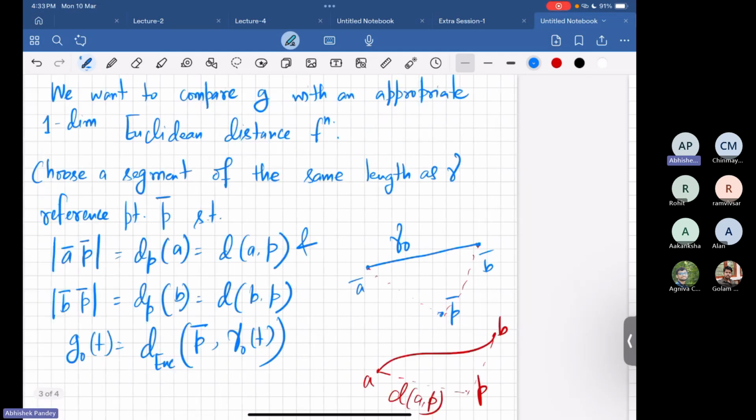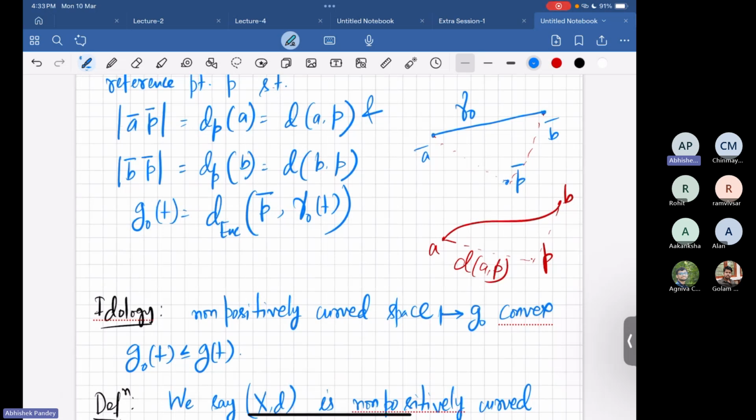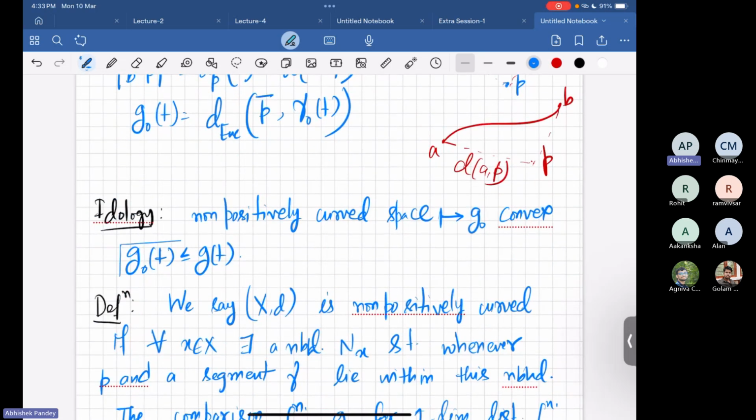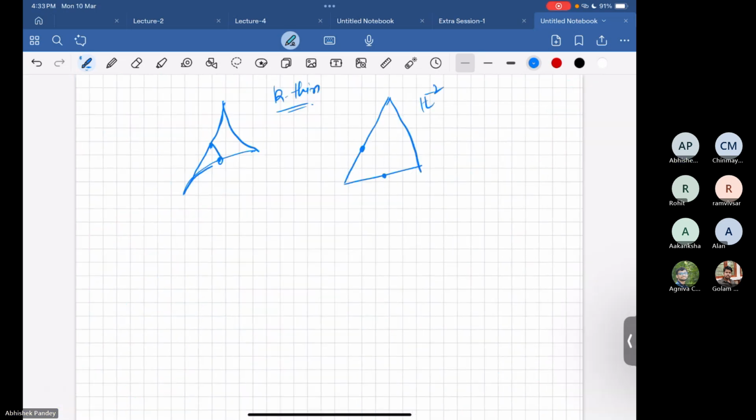Taking this definition into the picture, I will define when we say that the triangles are k-thin. Basically, the distance between any 2 points u and v will be less than or equal to the distance between the corresponding points u dash and v dash. So this is known as a thinner version of the Euclidean triangle. Is it fine? Okay.